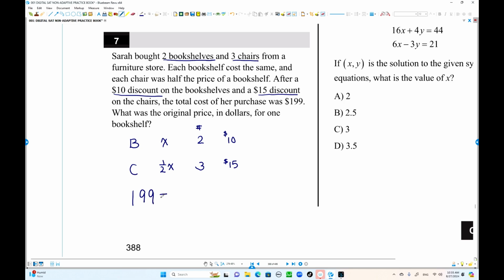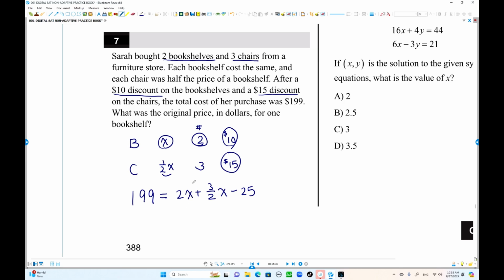That's a total purchase cost, okay? So how much is one? Bookshelf 2, each price is 2 times 2x. And what about chairs? 3 times 1 over 2x, so 3 over 2x. And total discount, you can add, minus, so plus 25. Minus, right? That is, discount is minus 25. That equals 199.